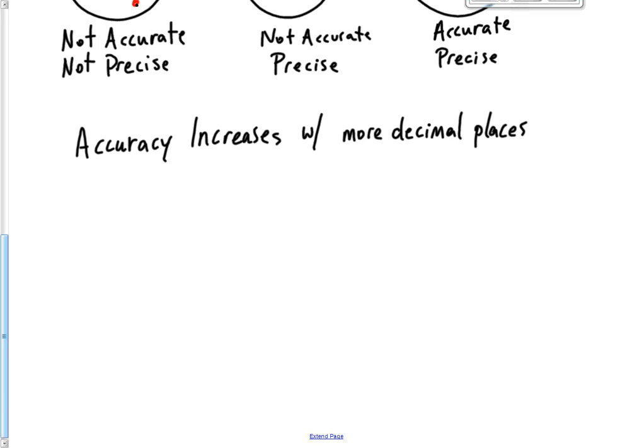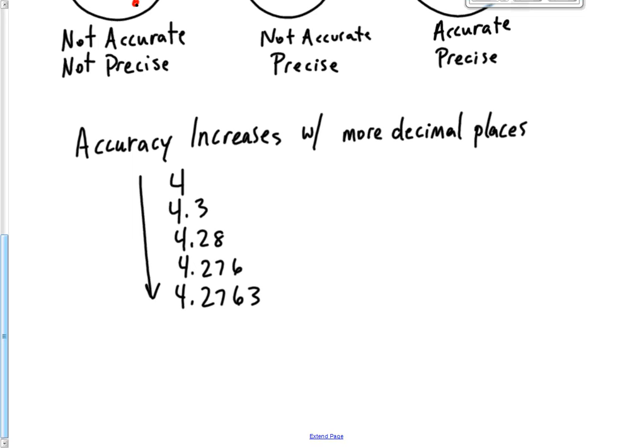Okay, so if we have 4, 4.3, 4.28, 4.276, 4.2763, okay, accuracy increases as we go down the list here.